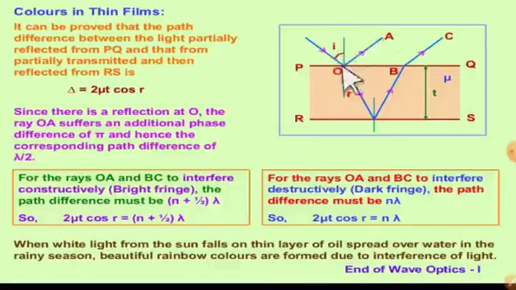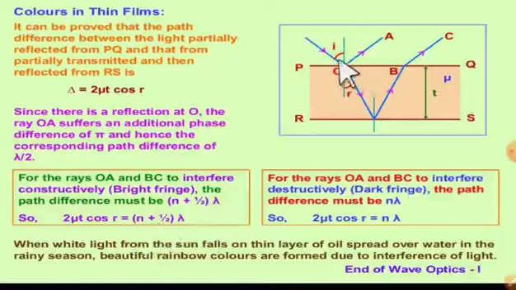Got it? You try to express this path difference and correlate with this. Instead of n lambda, it must be n plus half.